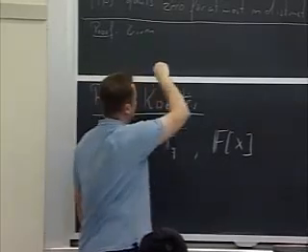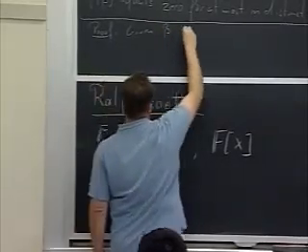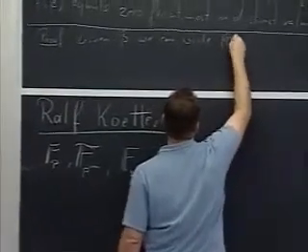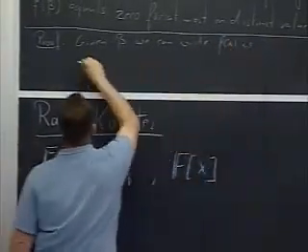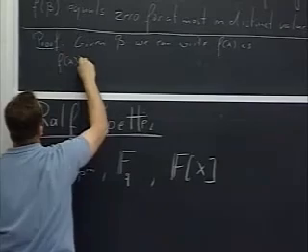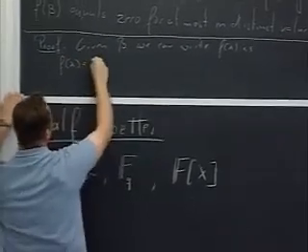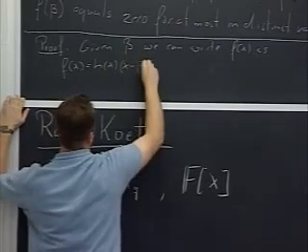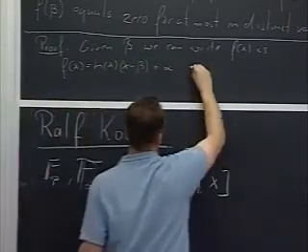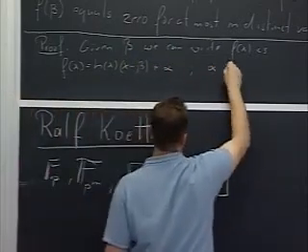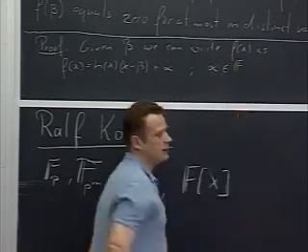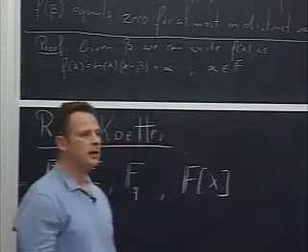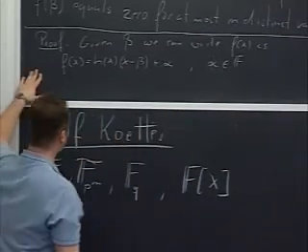You can write the following, given any beta: f of x equals h of x times x minus beta, plus alpha, where alpha is in the field. You get to that by some sort of long division. This is what I'm not going to prove.